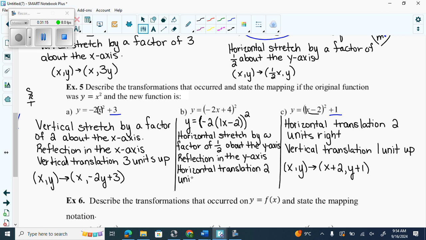Right. And then mapping and words are in a heart, so they're going to be the same. So (x, y) becomes negative, what number am I going to use? Negative 1/2, because what words have a half? Mapping has a half. Yes, words and mapping have the same numbers. So words has a half, mapping has a half, because words and mapping mean the same thing. x, and then I need to move 2 right.